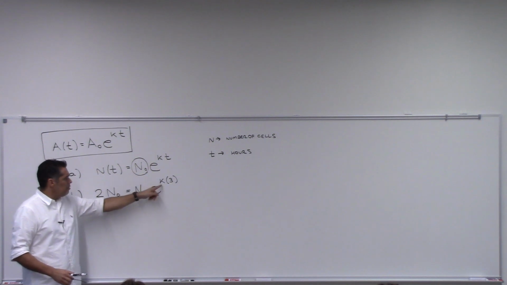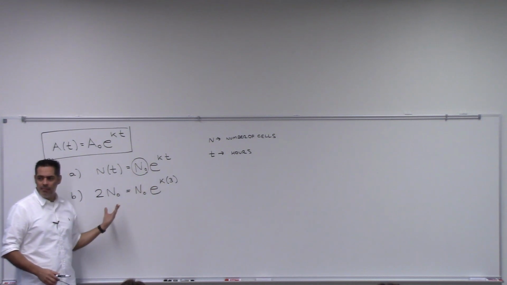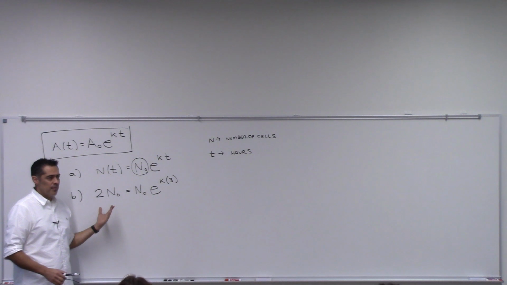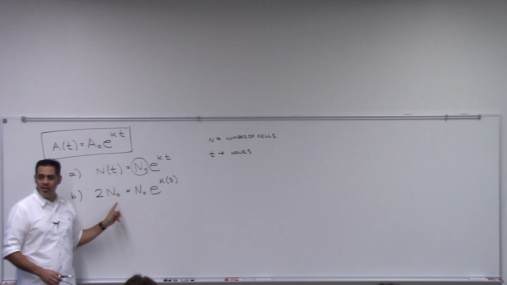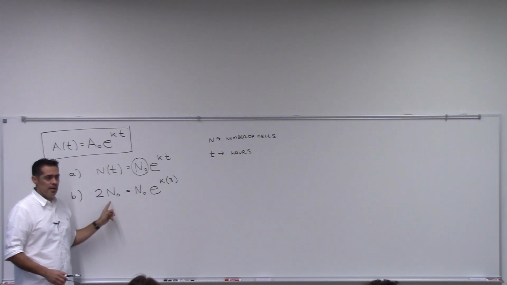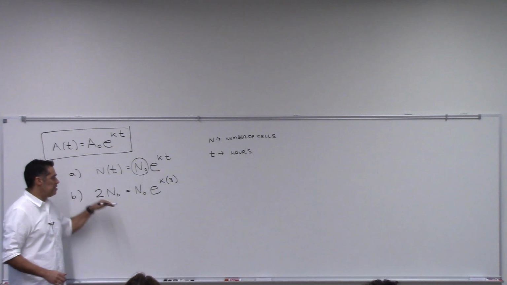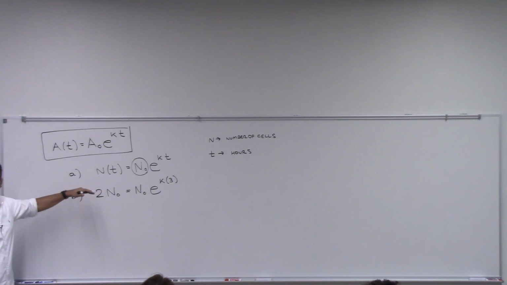I don't know k either, right? But if I told you to solve for k, what would your first step be? Divide both sides by the initial amount. And do you see it's going to go away? That's a critical step right now. Any questions on this line right here before I go to the next one? Everyone's clear on how I got that?